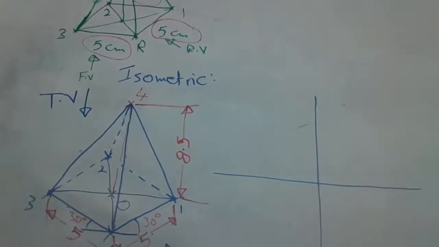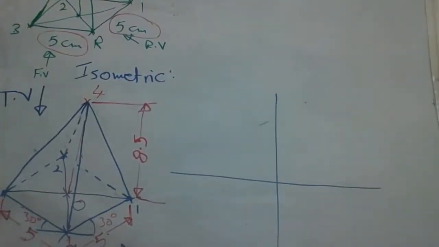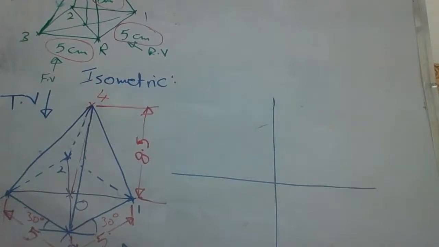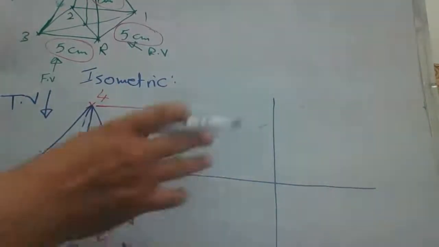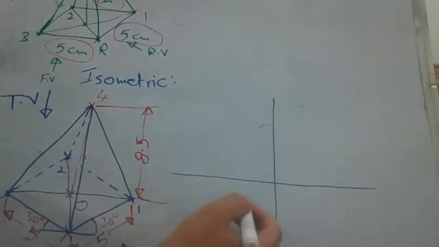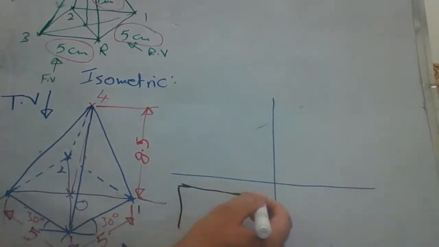So the first thing we can draw, as we did before, is a standard shape for all projections. Standard shape here is a rectangle. We can draw it in a front view with a given height.